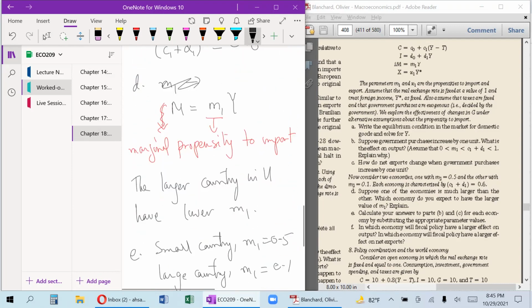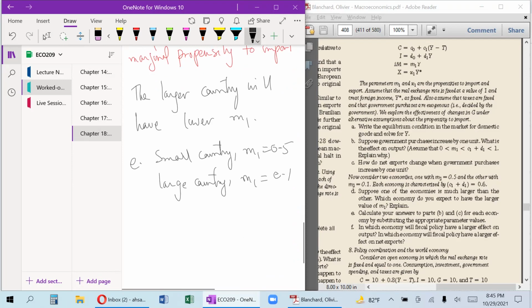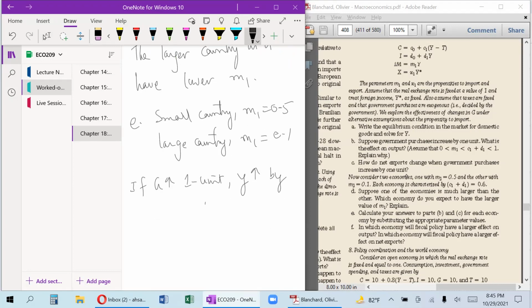So let's take it down. What we had found in part B was that if G increases by 1 unit, Y would also increase by this amount: 1 divided by 1 minus C1 minus D1 plus M1.